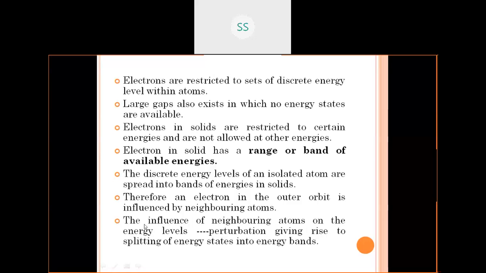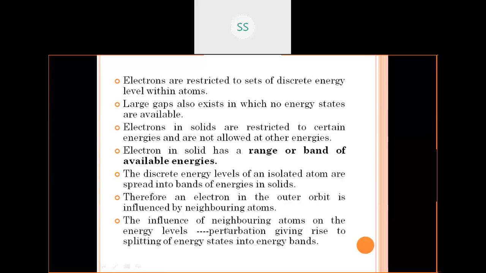You can now imagine that before any atom comes under the influence of surrounding atoms, the energy states are fixed in nature. But once the electrons present in the outermost orbits come under the influence of the neighboring atoms, there is some kind of disturbance inside the energy levels, and that is particularly known as a perturbation.